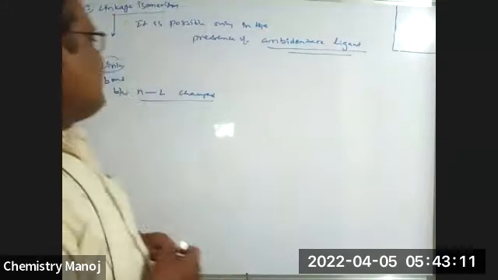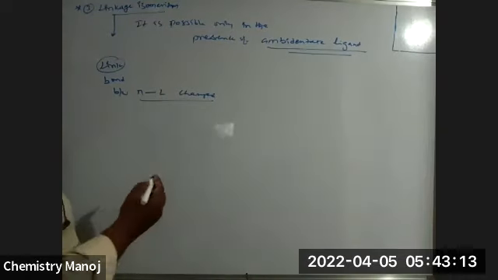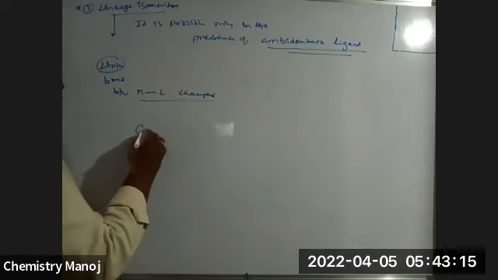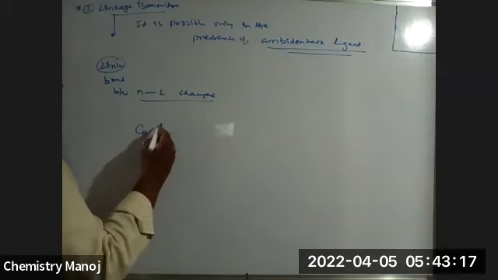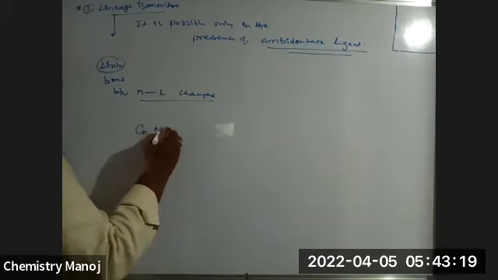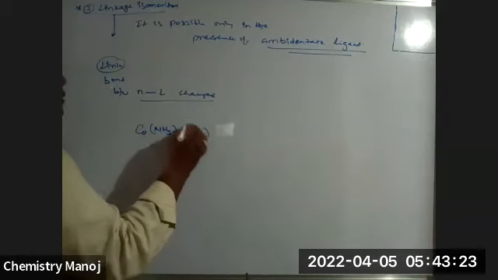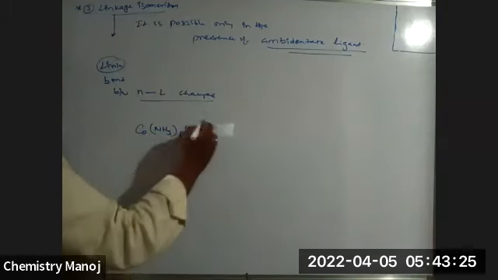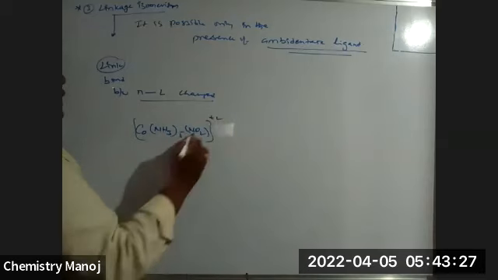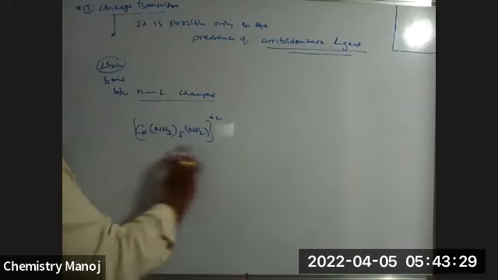Now see here. So ambidentate ligand, let us take an example. Co(NH3)5 NO2, 2+ ion. It is complex, my dear. What is the name of this complex?